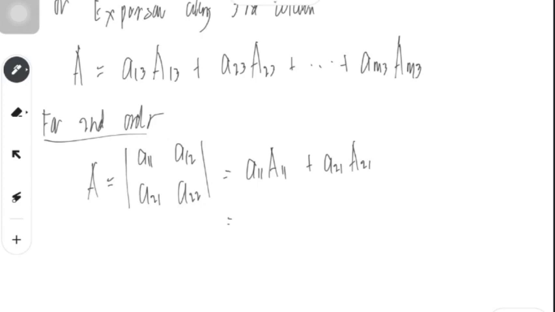Let's see. A11 will remain unchanged. But the cofactor A11, ano ang sign? Start with positive. So, ano ang cofactor ng A11? It is simply the same with minor 11.